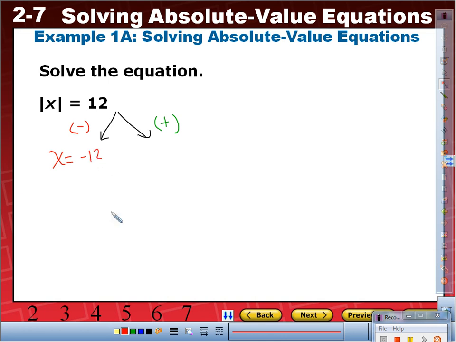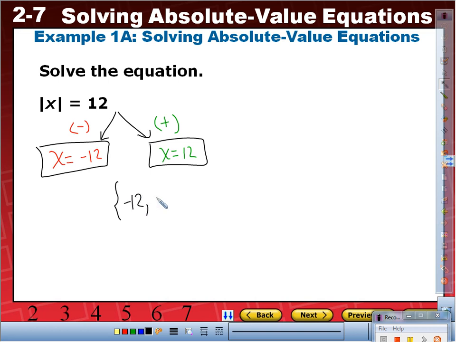Negative 12. What's my second solution? X equals 12. I box my answers, but I write my solution set. What is my solution set? Negative 12, comma, 12.